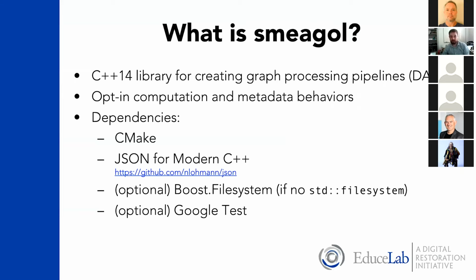And then because we're writing to disk, we use some sort of filesystem library. These days with C++17, you have standard filesystem, but because we're trying to target C++14 at the moment, it also falls back to Boost filesystem in the absence of standard filesystem. And then if you want to run our tests, you need Google Test, but that of course is optional.